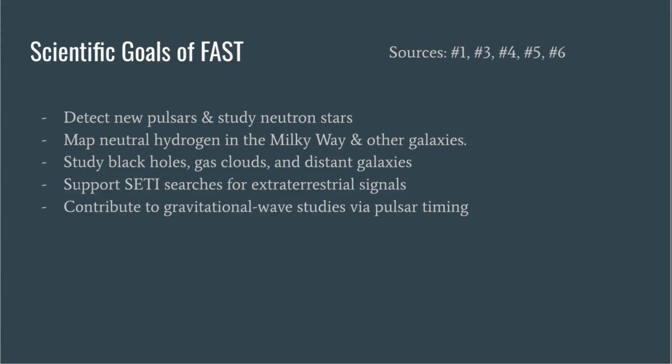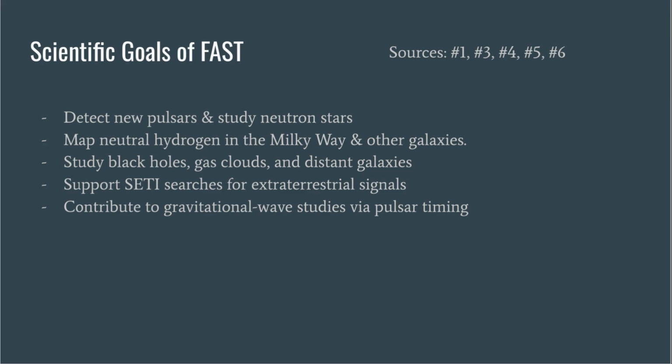FAST's design allows for large-scale hydrogen surveys, which may help map galaxy structure, star formation regions, as well as rotational patterns. FAST also studies black hole environments, gas clouds, and distant galaxies through their radio emission. Radio waves are great for looking at cold gas, magnetic fields, and extreme environments that optical telescopes are not able to see.